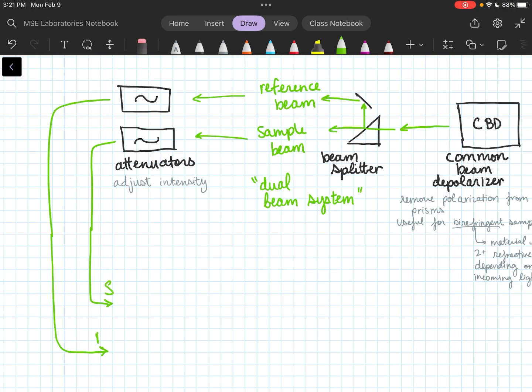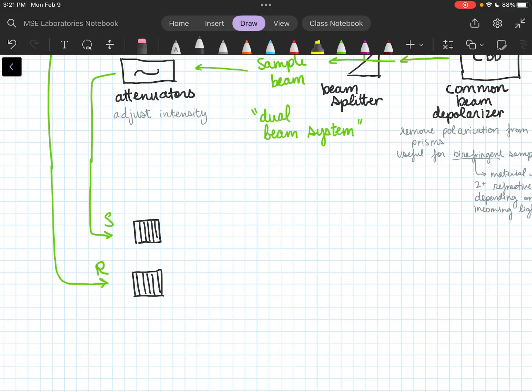Keeping in mind on here that this one was the sample beam and this one was the reference beam, because I've now turned the corner and I'm running out of room again. We now have the ability also to add polarizers. So we depolarized earlier, and we can repolarize now if we want to.